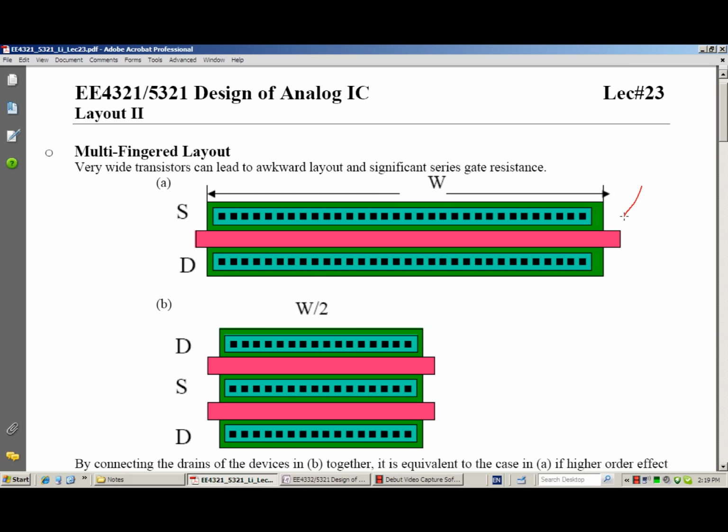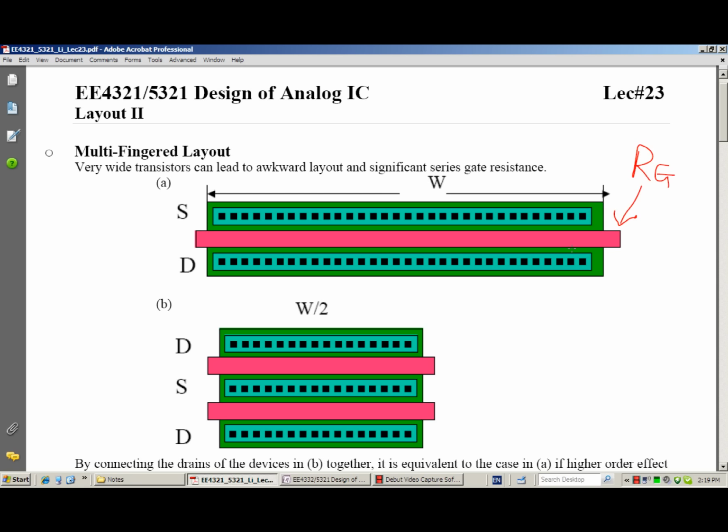Talking about the series gate resistance, we actually learned this in the noise section. The thermal noise of transistors consists of In squared equals 4kT times 2/3 times Gm. That is the noise current of the channel. We were also told that there is another source of thermal noise in the transistor, that is the resistance related to the gate.